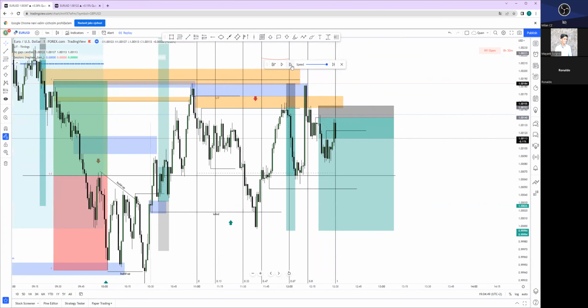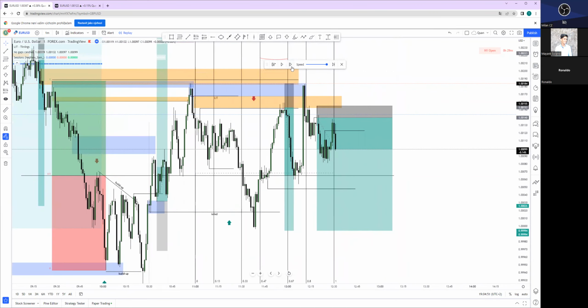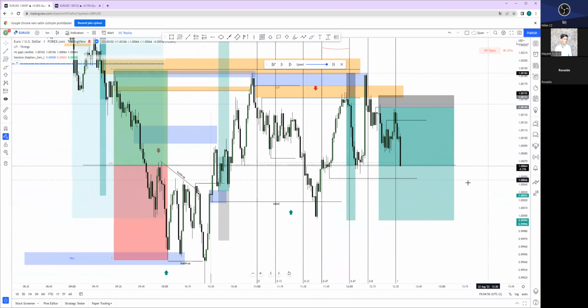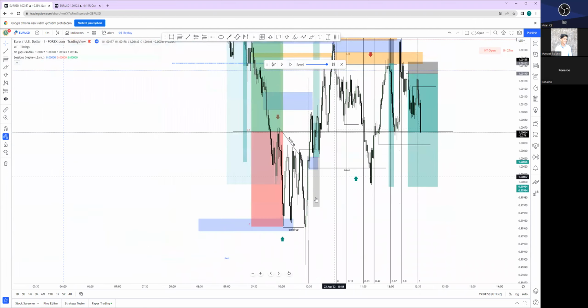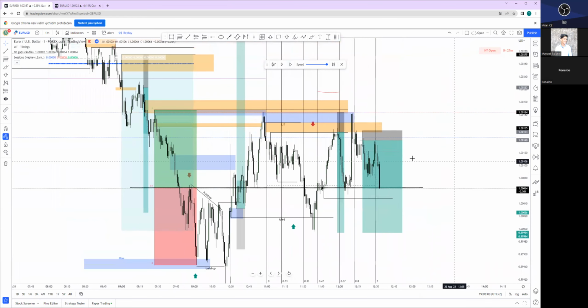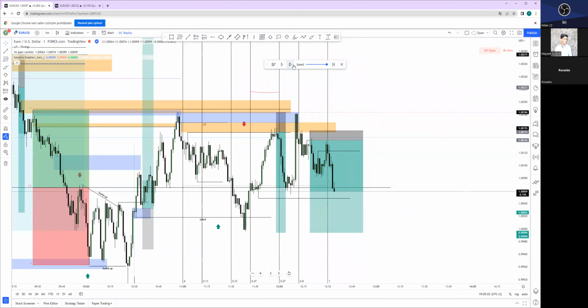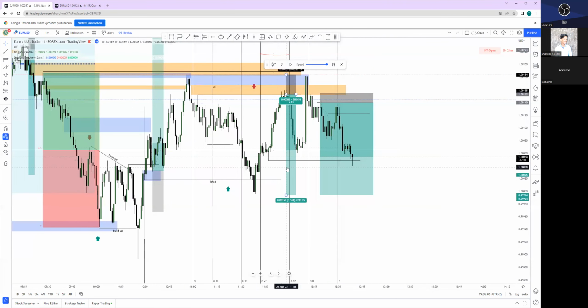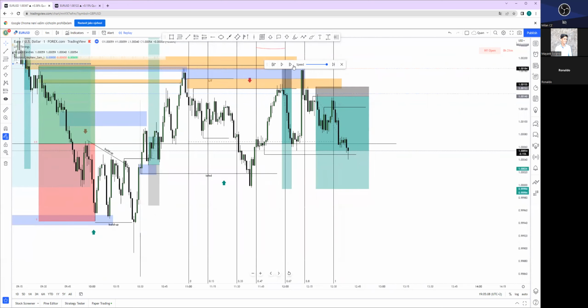So another possible entry, right? And yeah, you want to take partials around 50%, in case it's really bullish and it takes it all out. You want to be left with something. Okay, so you're expecting a reaction, see, a wick.